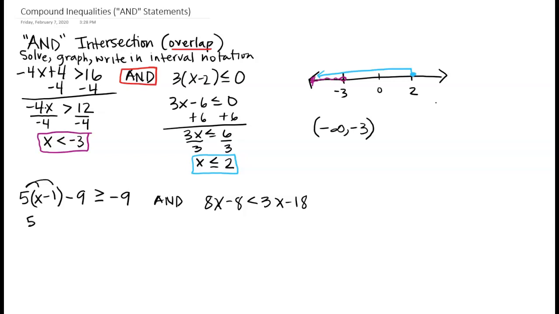Let's distribute that 5 through first. And then notice that negative 5x and negative 9 are on the same side of the equal sign, so we're just combining those like terms together. So negative 5x minus 14 is greater than or equal to negative 9. Then we want to get x by itself, so let's add 14.